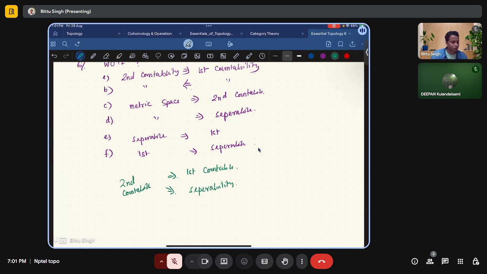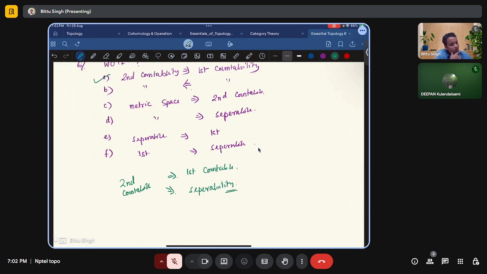Okay, this is also true. You can look at the proof. This is not that straightforward, but you can look at the proof. So second countability will imply first countability by definition, and second countability will also imply separability.